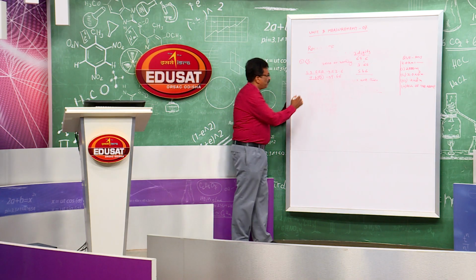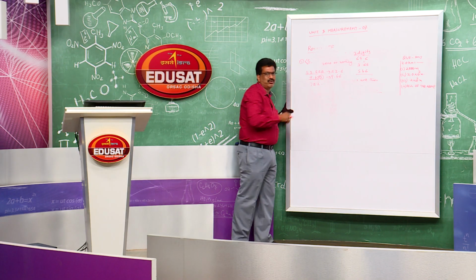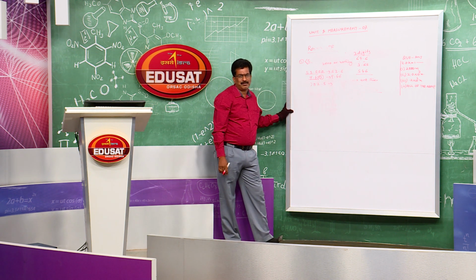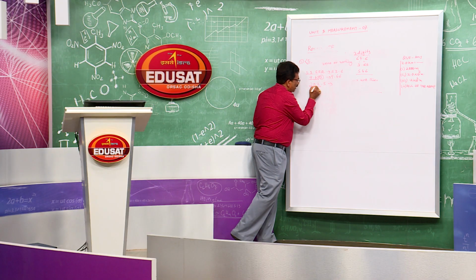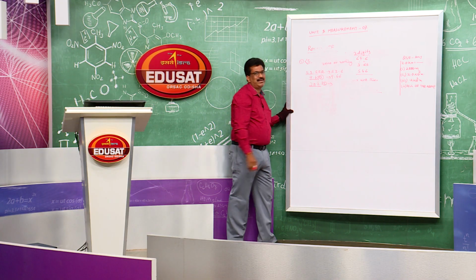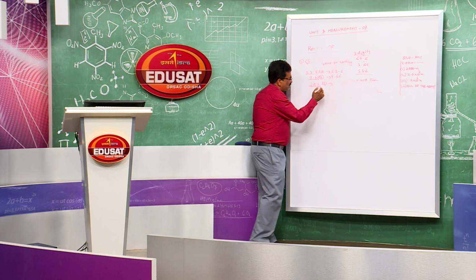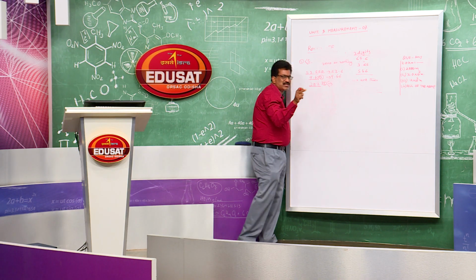Are you clear? Suppose one is 782.5. What will happen? 3 significant figures. Next one is 5. After 5 nothing is there. If nothing is there, then what will happen? It will either remain as such or be increased by 1.